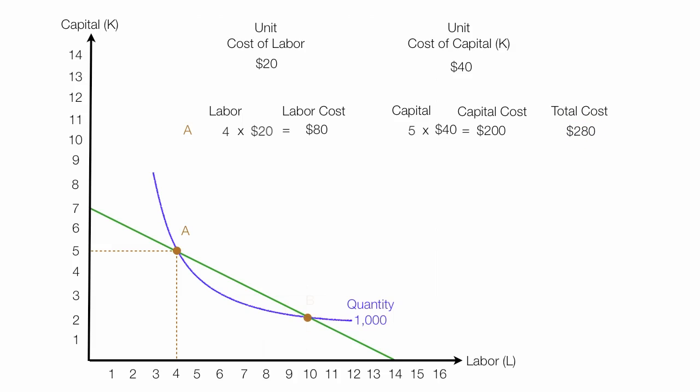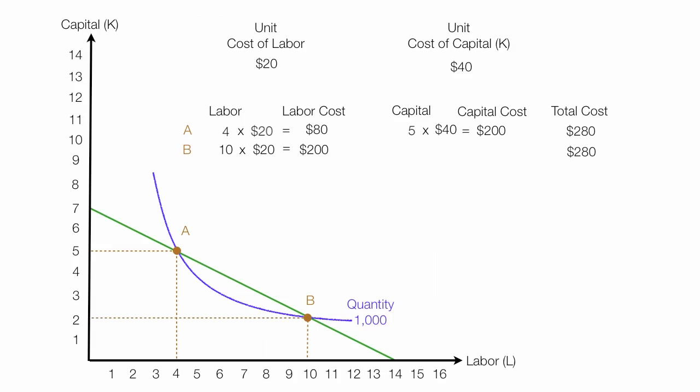Now, on the other hand, if the producer produces at point B, still producing 1,000 units, they will use 10 units of labor times $20 per unit. This is equal to $200.